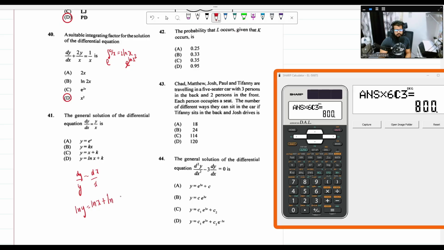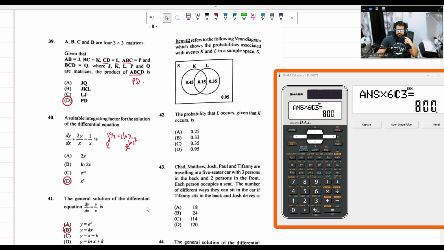I'm just going to put the constant here as ln k. Alright, we can do that. So ln y is equal to ln kx. So y will be equal to kx. So the answer is B. Just remember, you can change how the constant looks to make it look however you want once it's a constant.